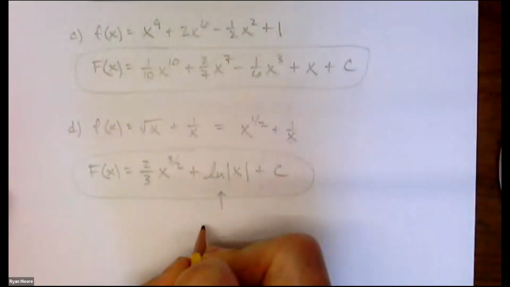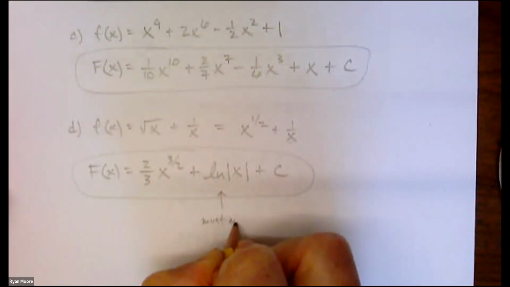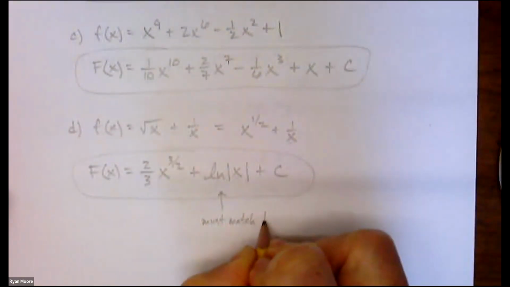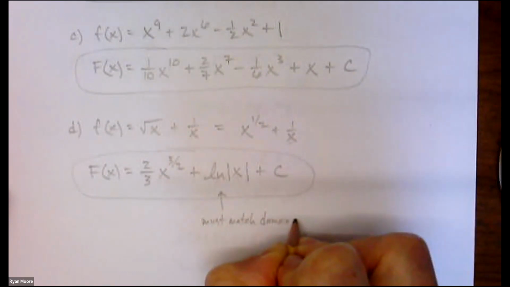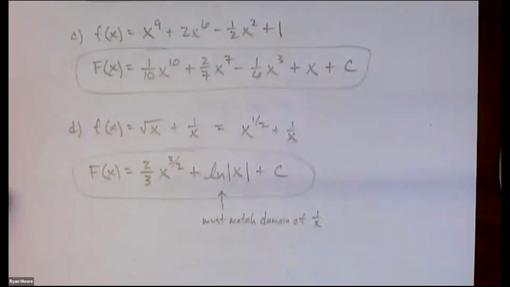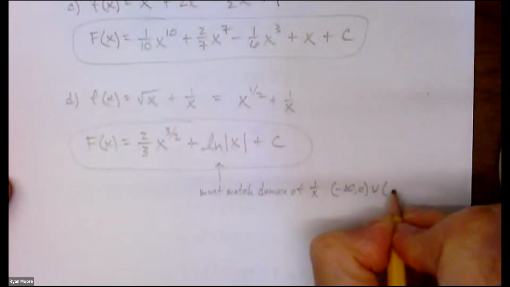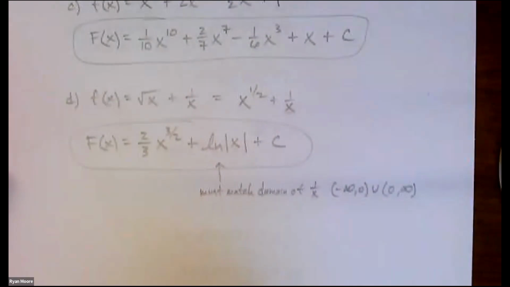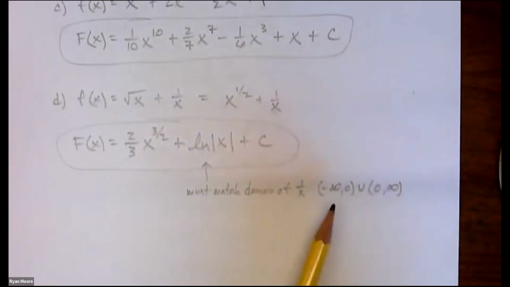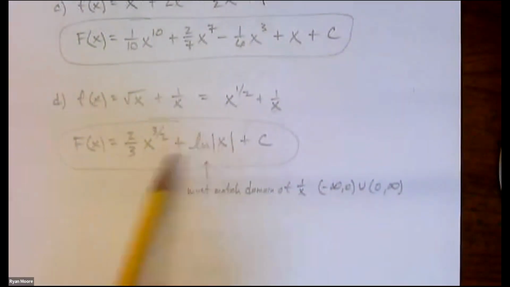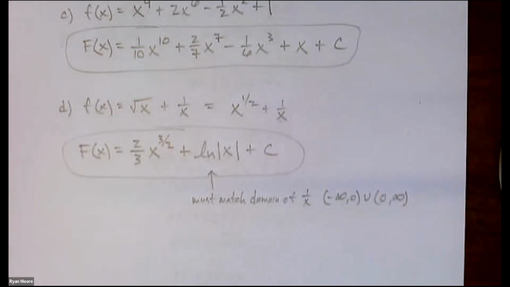So kind of the explanation here, this must match the domain of 1 over x. And that domain is negative infinity to 0, union 0 to infinity. These numbers would have been fine in natural log x, but these negative numbers, right, we got to perform that absolute value first. Okay.